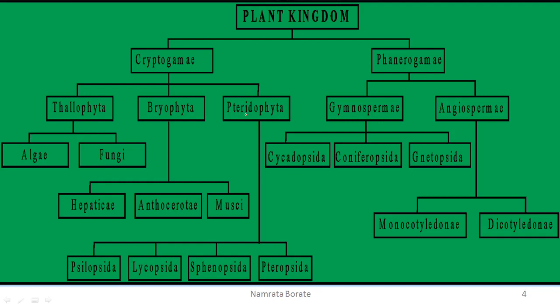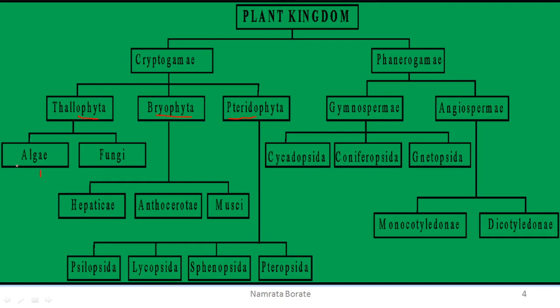But if the vascular tissues are absent, there are two types. First one is thallophyte, and the second one is bryophyte. In bryophyte and thallophytes, there is an absence of vascular tissues, but in pteridophyte, there is a presence of vascular tissues.